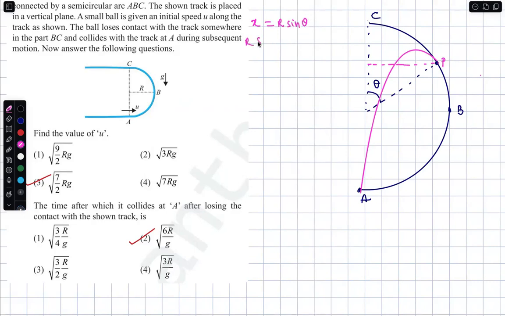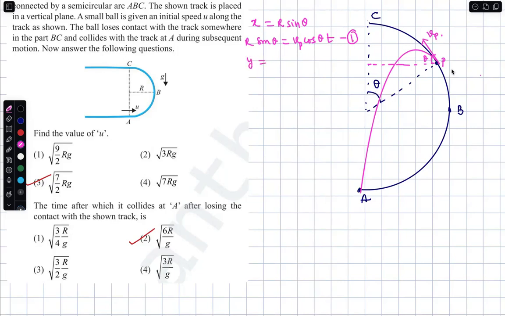So R sine theta is, at this point VP, this is theta, 90 minus theta, theta, VP cos theta into T, equation 1.